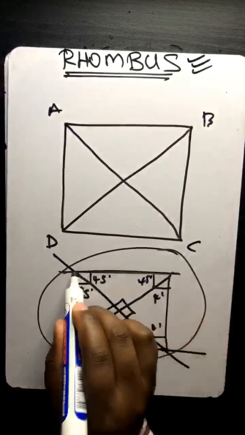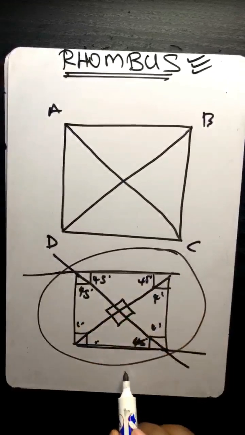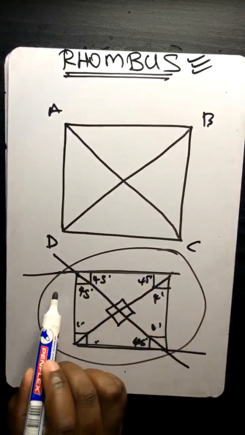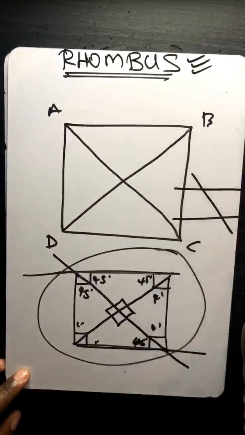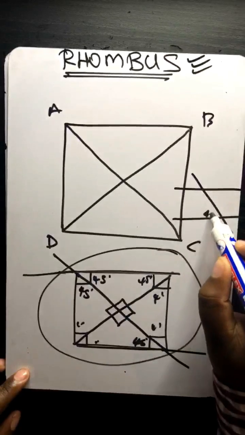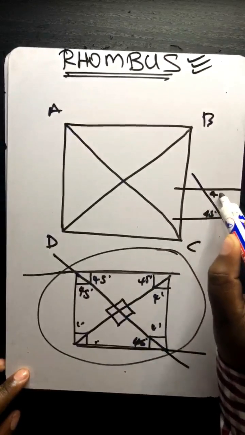So I think it forms that kind of a Z thing. Is it a Z thing? But what is that reason where you say this angle equals that angle?